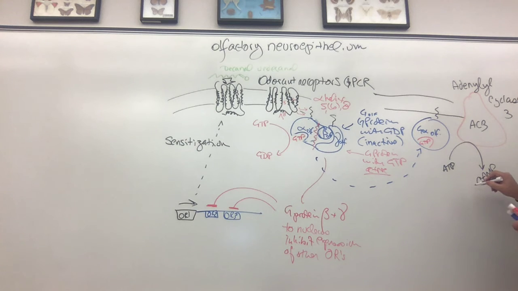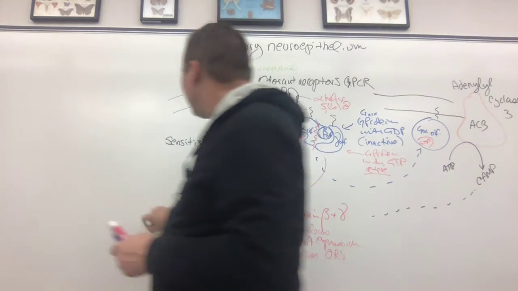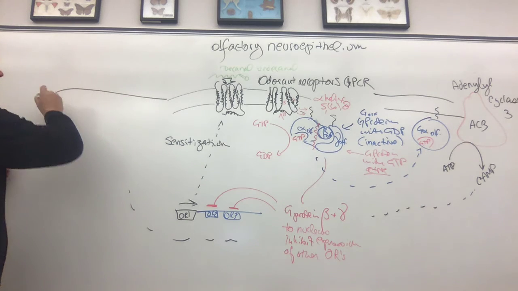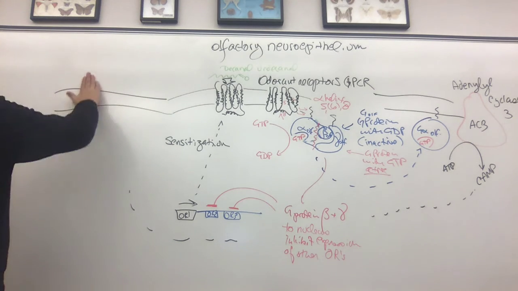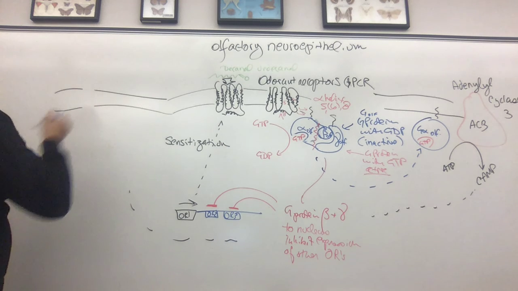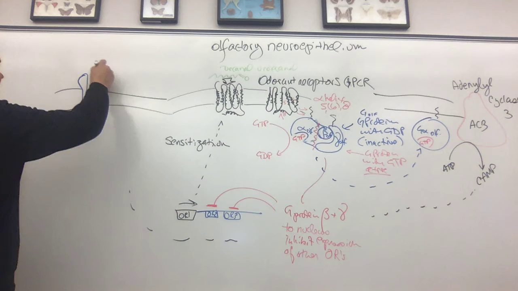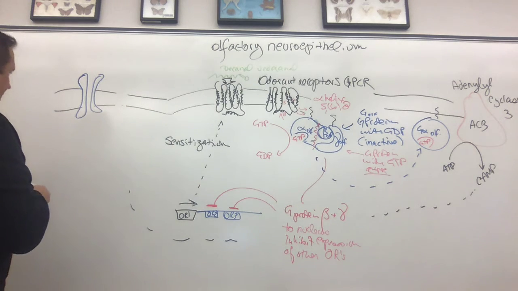All right, and now we'll send our cyclic AMP back over, and let's do it over on this side. We got space? Yeah, we got space. All right. So meanwhile, there were a couple of ion channels. Let's draw our ion channels. So here we go. There's channel number 1, and here's going to be channel number 2.